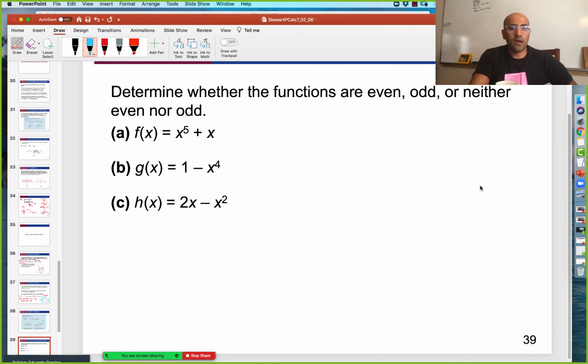So how do we tell that a function is odd or even based on the equation? All you have to do is follow those instructions and determine: if it's true that f of negative x equals f of x, then we have an even case.